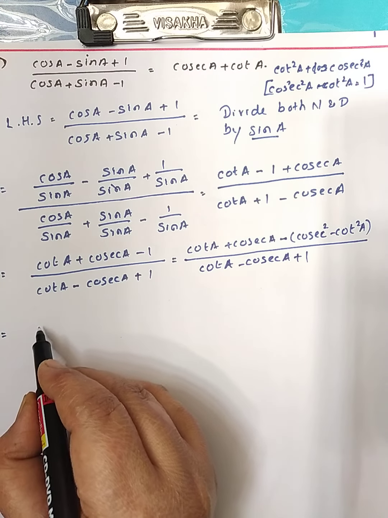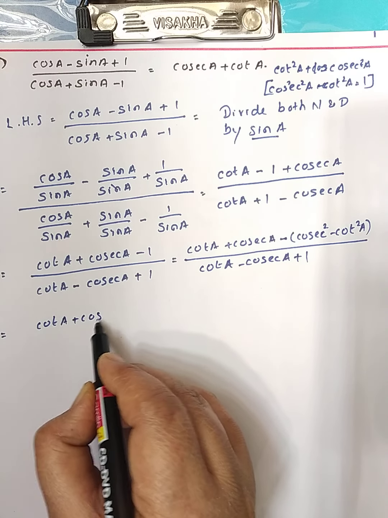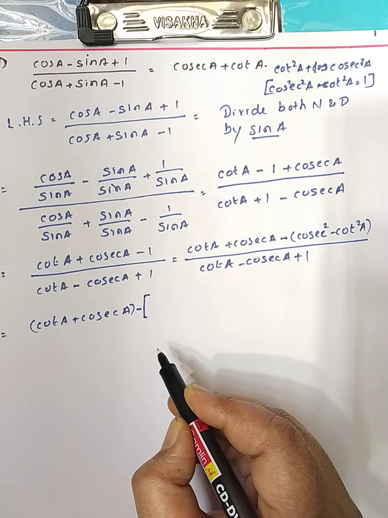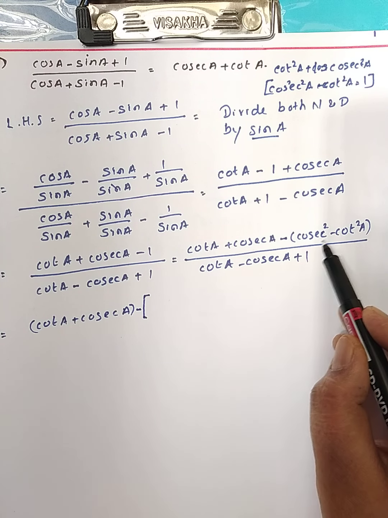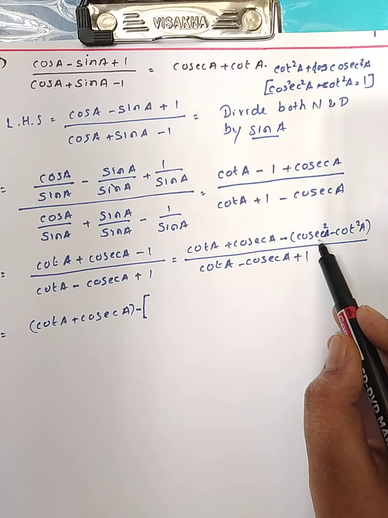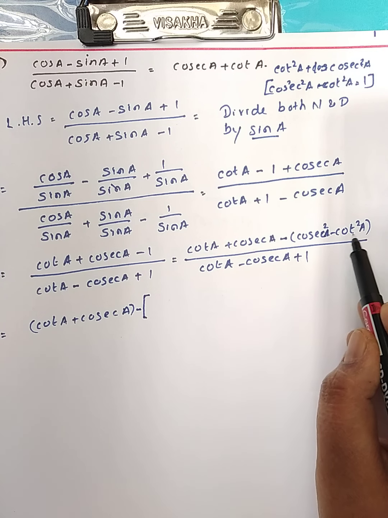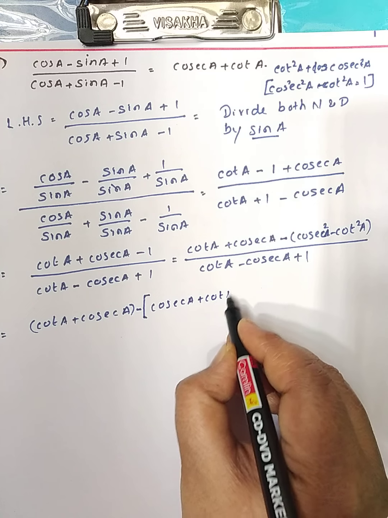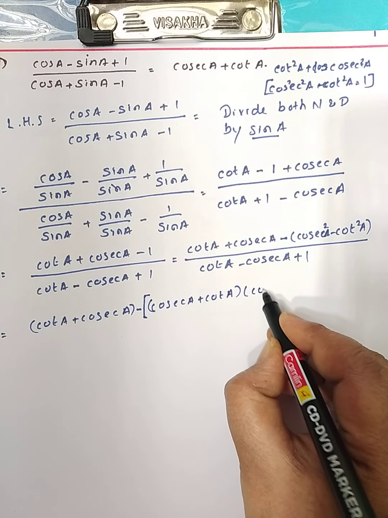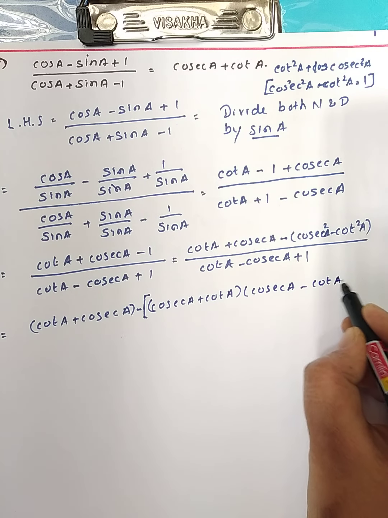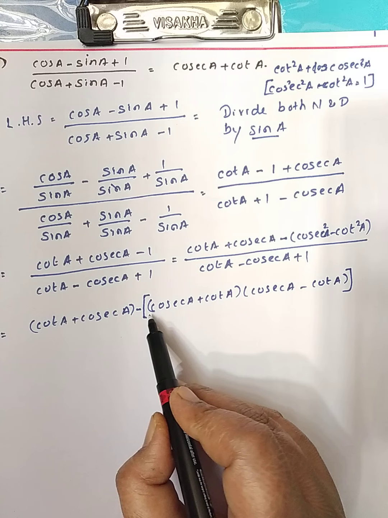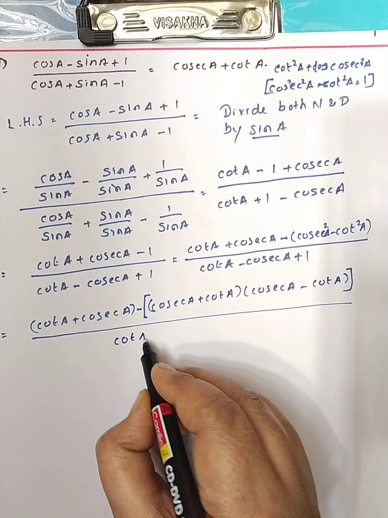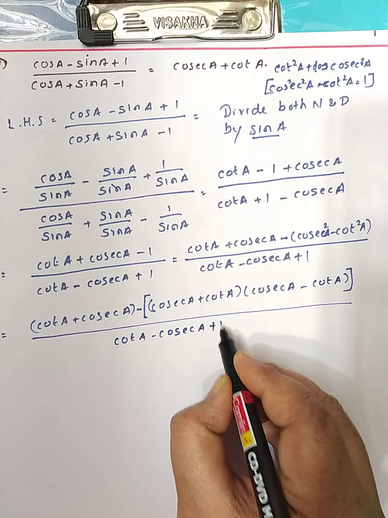Now how we will simplify this: cosec square A minus cot square A is of the form A square minus B square, where A is cosec A and B is cot A. That is A plus B into A minus B, that is cosec A plus cot A into cosec A minus cot A. Now whole divided by, write as it is, cot A minus cosec A plus 1.